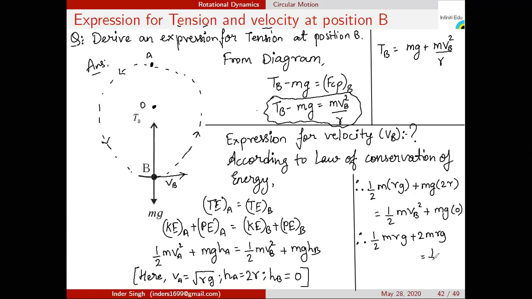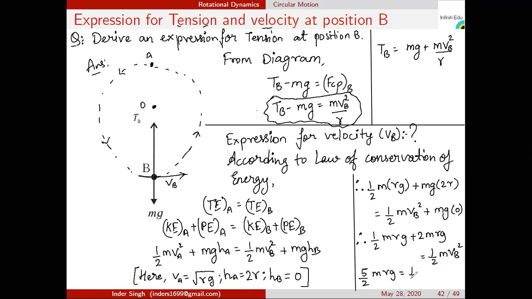It is equal to half m vb square. So mrg, this is again mrg. You can take mrg common. What you will get is half plus 2. Half plus 2 is nothing but 1 plus 4 divided by 2, that is 5 divided by 2. So you have 5 divided by 2 mrg.